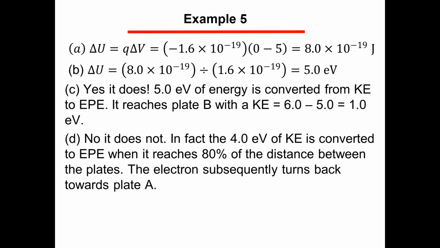Part C, if electron leaves plate A with kinetic energy of 6.0 eV, does it reach plate B? The answer is yes, because 5 eV of energy is converted from KE to electrical potential energy, leaving you 1 eV of KE.